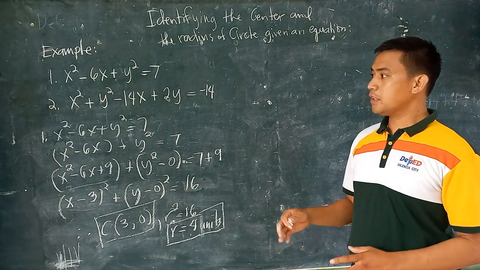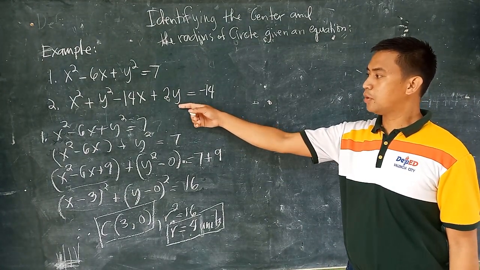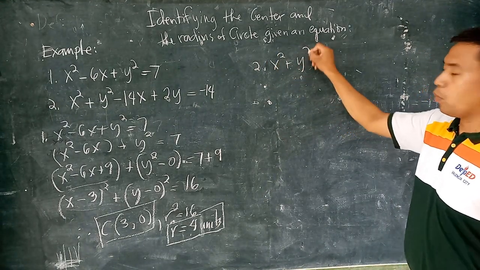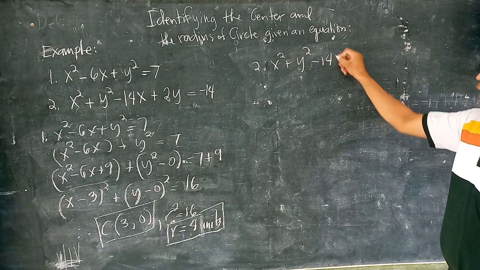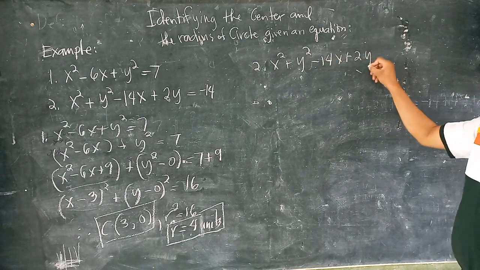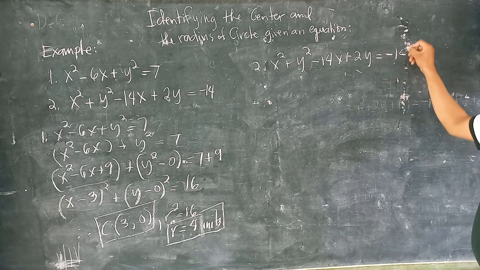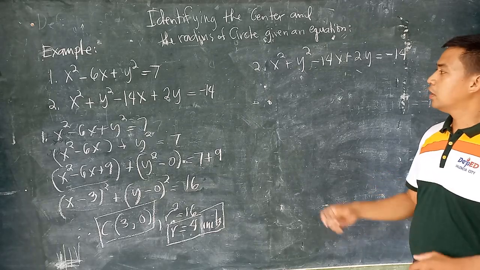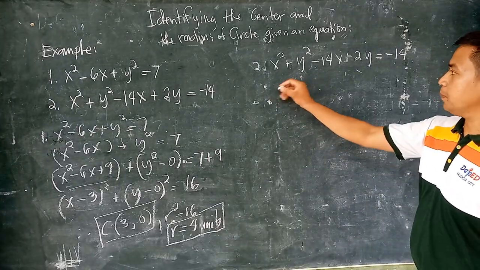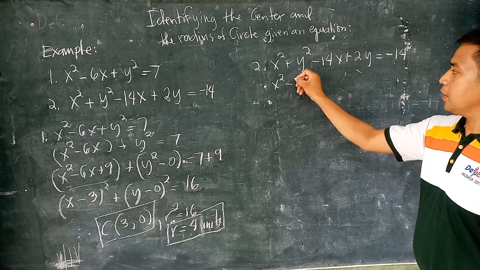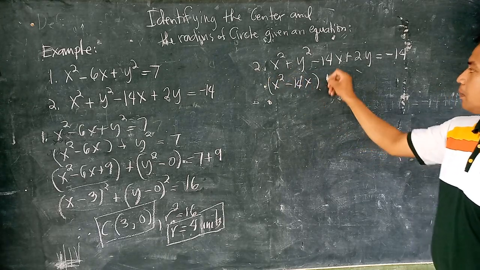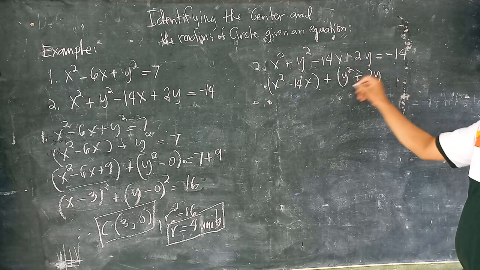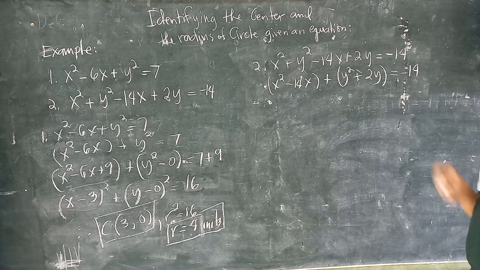The next one is example number 2. We have x squared plus y squared minus 14x plus 2y equals negative 14. Using the three techniques we have discussed, we first regroup: x squared minus 14x plus y squared plus 2y equals negative 14.